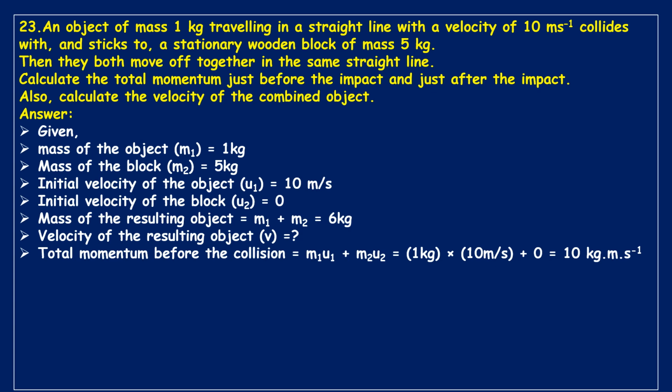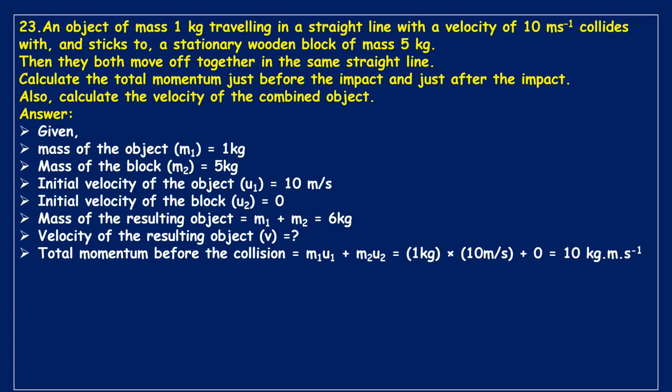Now the total momentum before the collision is m1 u1, mass and velocity of object 1, plus m2 u2, mass and velocity of object 2. Before collision, mass is 1 kg and object 1 velocity is 10 meters per second, plus m2 u2, which is 5 into 0, that is 0.